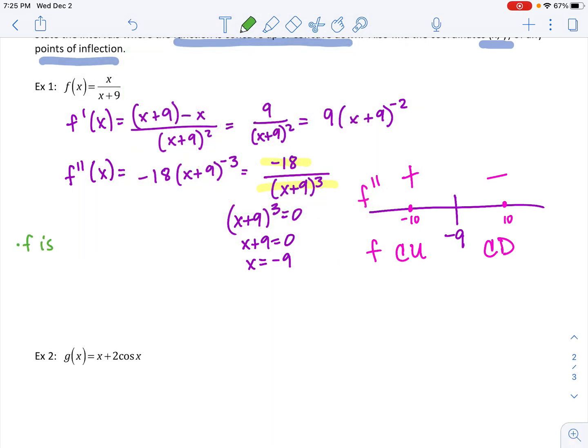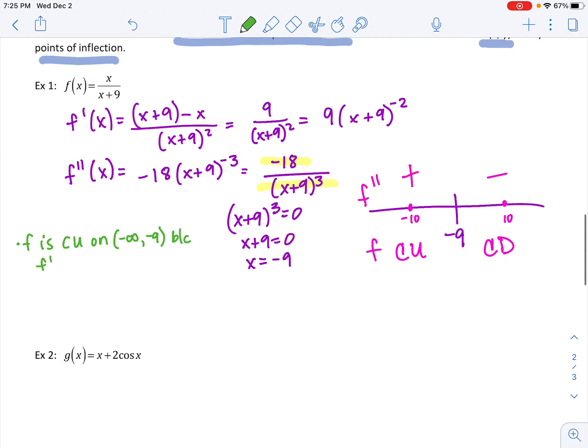So let's say f is concave up on negative infinity to negative 9 because f double prime is positive. And you could write out the words "is positive" if you don't like the symbolic nature of that.